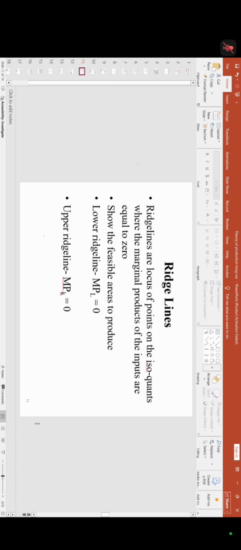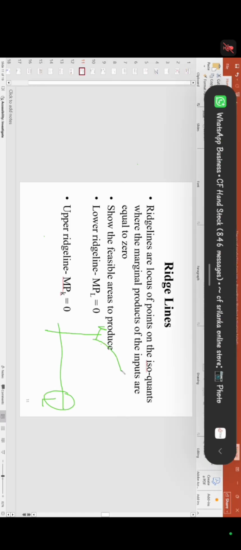Okay, if you draw a curve like this, from this side is L, and on this side is K. The place where this side becomes 0 is what we call the lower ridge line. I will show how the curves go downward. The upper ridge line explains MP equal to 0, in this region.